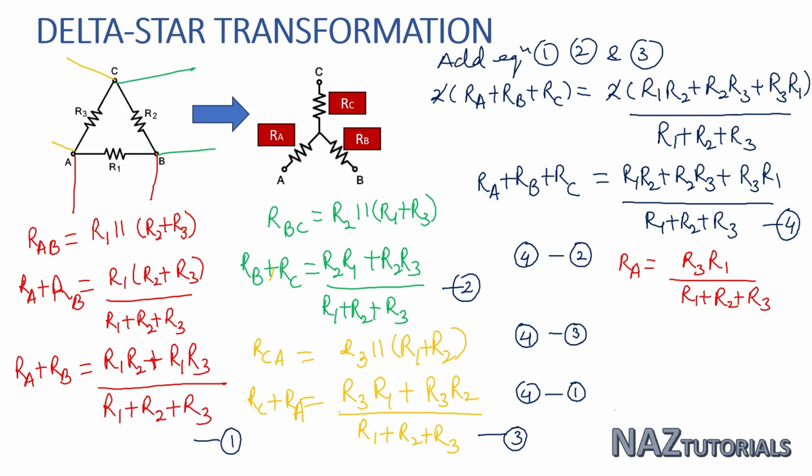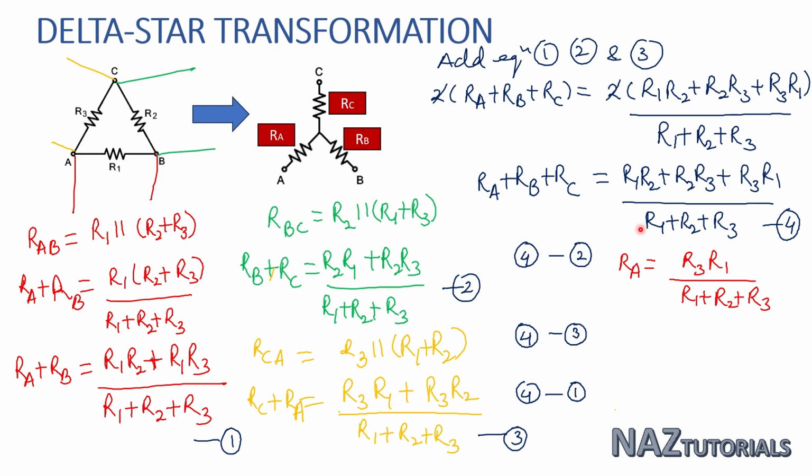If you see the 4 minus 3, you will get RB from the left side, and from the right side R3 R1 and R3 R2 are subtracted. This is R3 R1, this is R3 R2 that are subtracted, you are getting R1 R2.